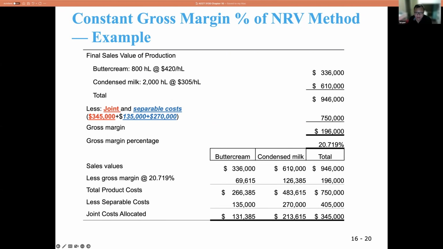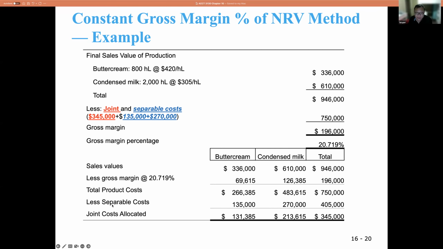Now I want to know my gross margin: I use 20.719% times the sales number, so I can calculate the gross margin for each product. Then I take the difference between the sales and the gross margin, so I work backward to figure out the product cost. For buttercream, it's 266K. For the milk, 483K. That's the total product cost.